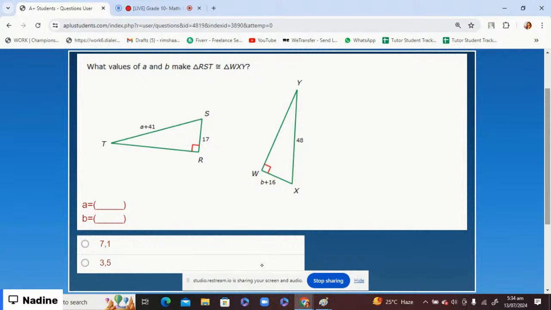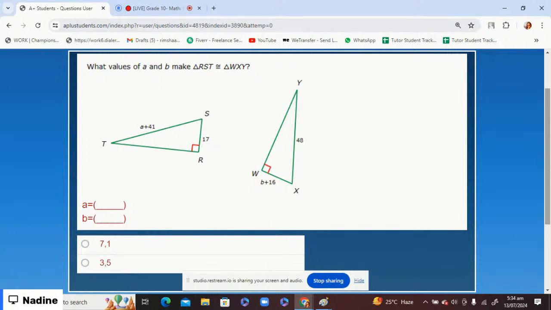It means that this is 48 and this is 48. Two sides are the same. And in place of B, you are going to put 1, because this side and this side become the same, that becomes 18 and 18.